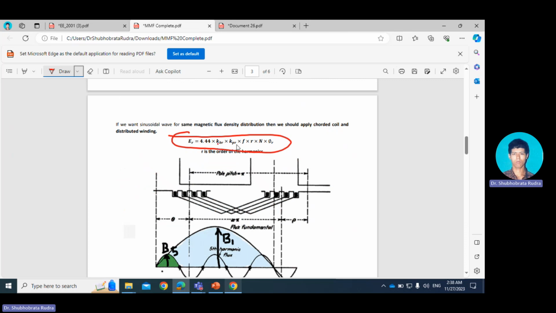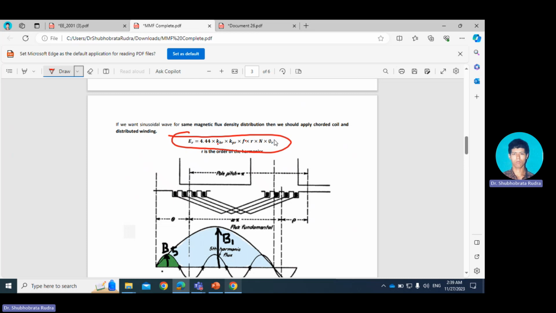4.44 your kbr kpr, you know, 1. Then your f should be the value 60 hertz. R is the order of harmonics, so R is 1. Now how much is your n? N is 11 coil per pole pair, and what is your phi flux per pole?